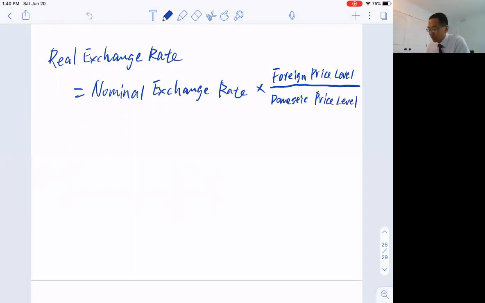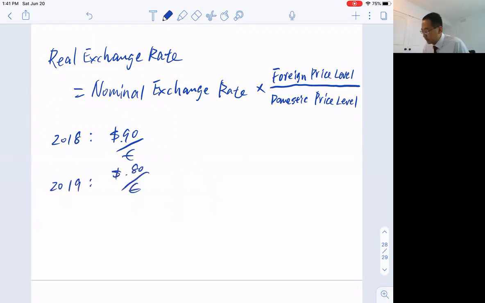Let's say in 2018 it took 90 cents per euro, and in 2019 now it's 80 cents per euro.